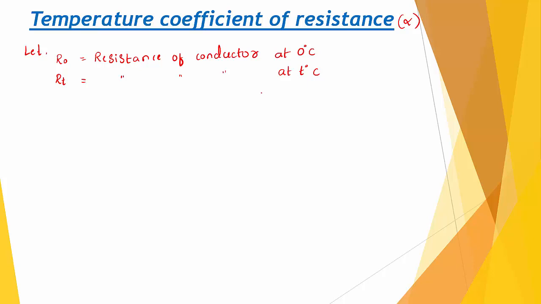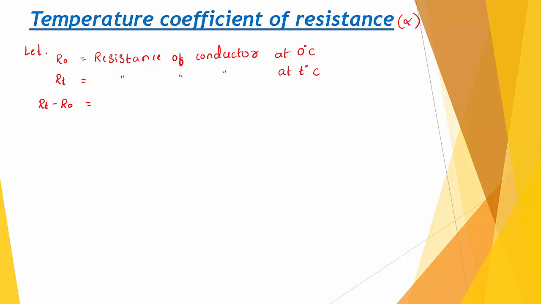So when we do an experiment regarding the temperature coefficient of resistance, what do we do? The initial temperature of the conductor is 0 degrees Celsius. At that time resistance is R0. When temperature is increased to T degrees Celsius, resistance also changes to RT. Then what is RT minus R0?